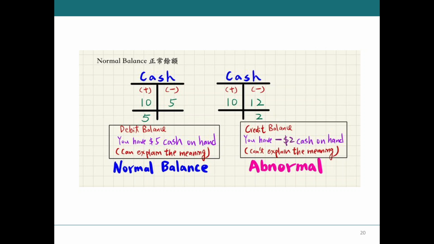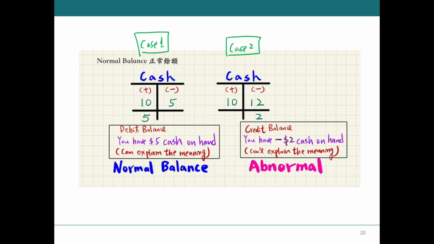Okay, so case 1, we talk about the cash asset. So this is the case 1. We have the case 2. So please look at the case 1 first. Asset, remember, asset increase on debit side, right?